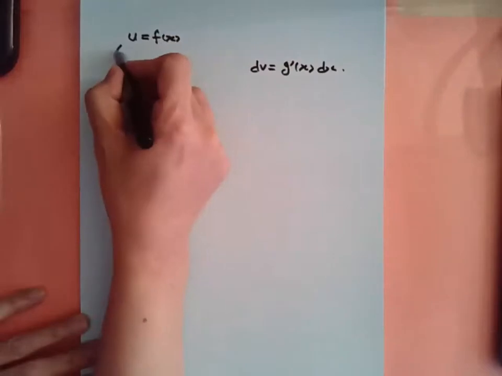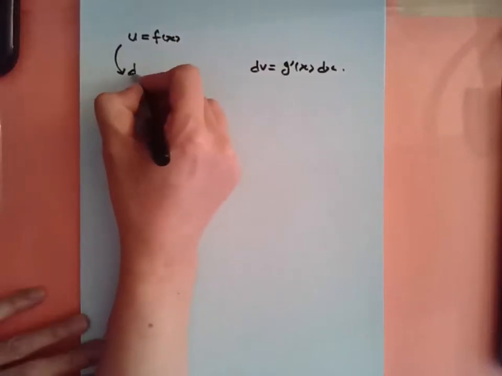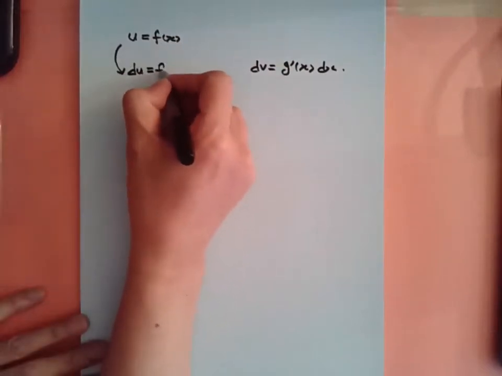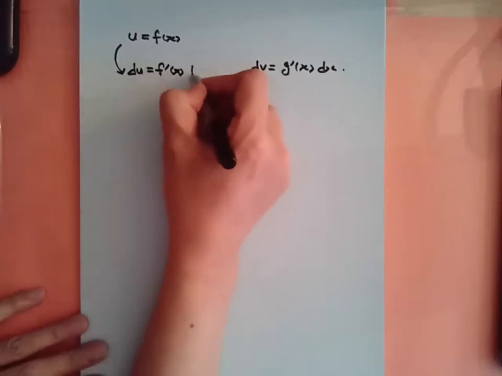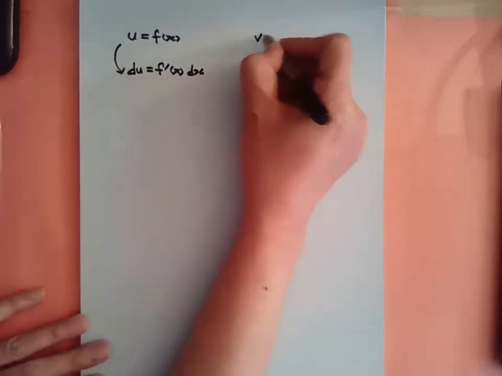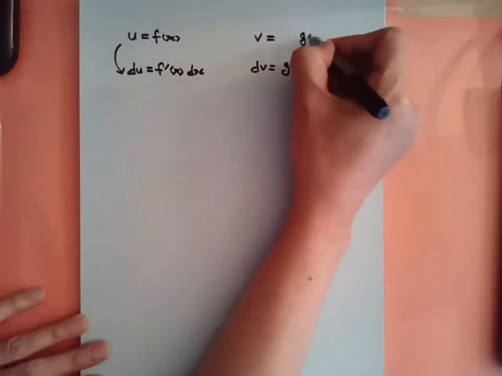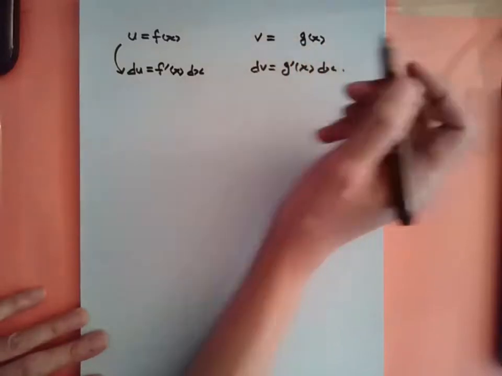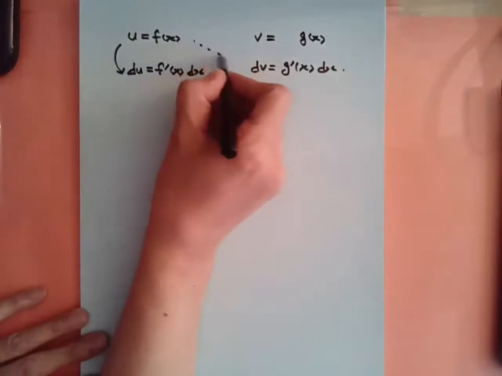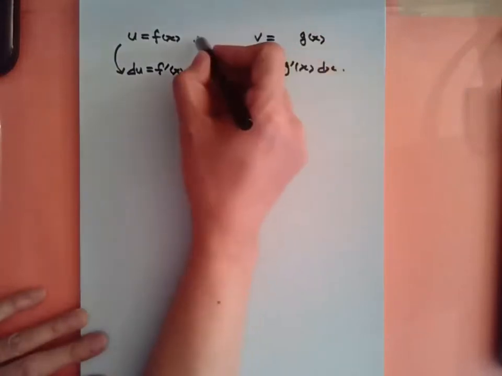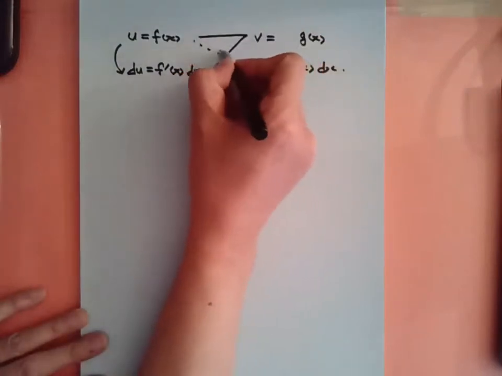And then one function was differentiated, while the other function was integrated. The formula went like this.